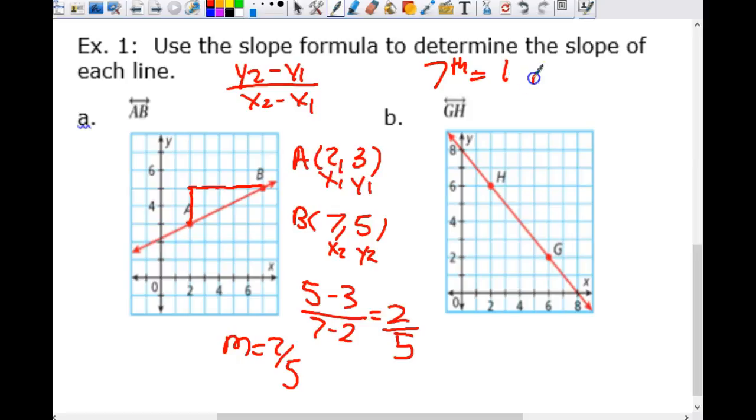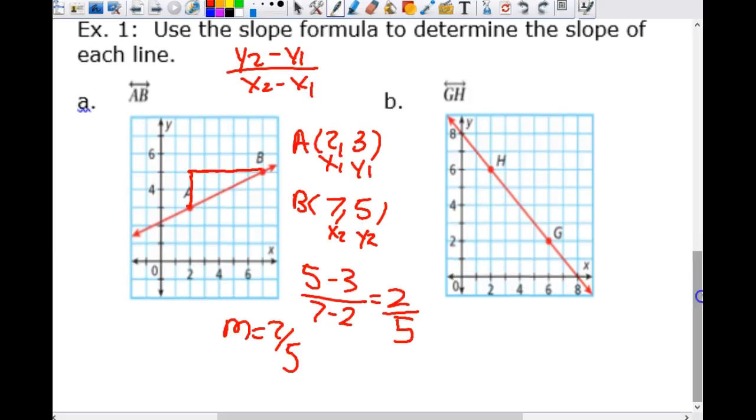Or 4 over, okay, so maybe that's why we don't just count, because sometimes you count wrong.